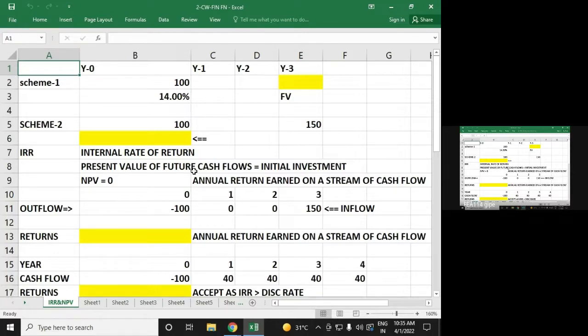Students online, do you have the file? Yes, sir. Okay, done.